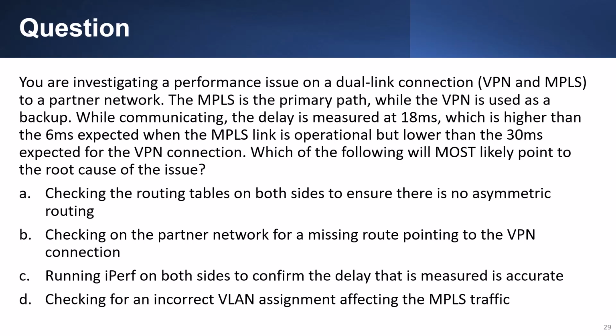Question: you're investigating a performance issue on a dual link connection with VPN and MPLS to a partner network. The MPLS is the primary path, while the VPN is used as a backup. While communicating, the delay is measured at 18 milliseconds, which is higher than the 6 milliseconds expected when the MPLS link is operational, but is lower than the 30 milliseconds expected for the VPN connection.